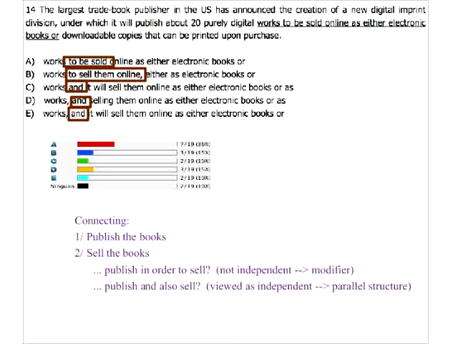You could definitely say that they were publishing the books in order to sell them. But you could definitely also say that the company was going to publish the books and also sell the books. So we do have to make this decision. I mean, we have a parallelism also, so maybe we don't have to make this decision, but we very possibly do have to make it.